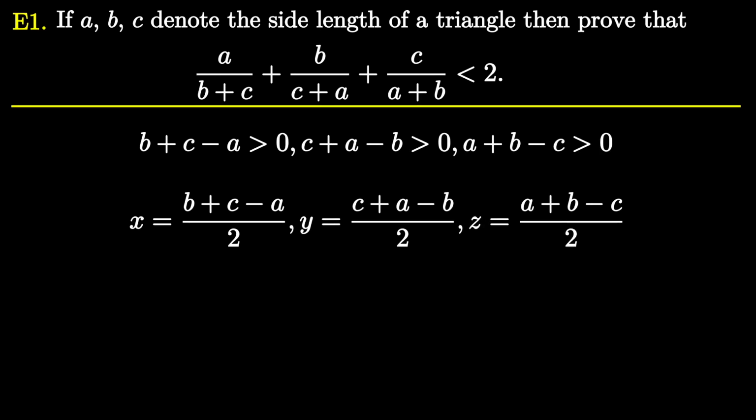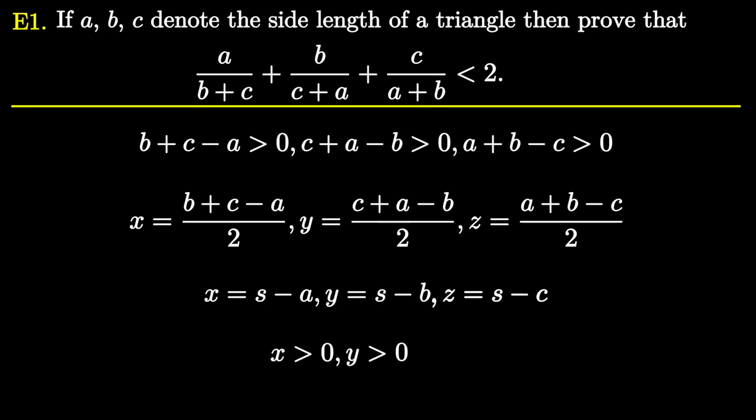We introduce 3 variables x, y and z, which we let equal s minus a, s minus b and s minus c respectively, where s is the semi-perimeter of the triangle. Notice that x, y and z are positive real numbers. In fact, positivity of x, y and z is nothing but the equivalent form of 3 basic constraints in terms of a, b and c.